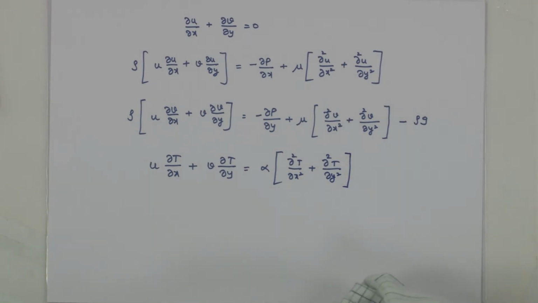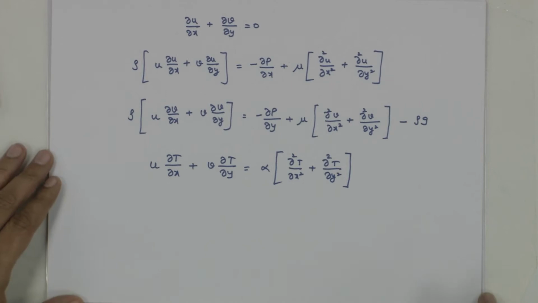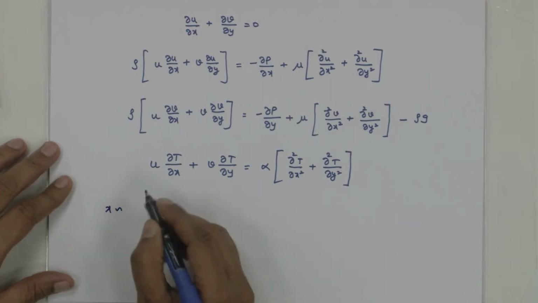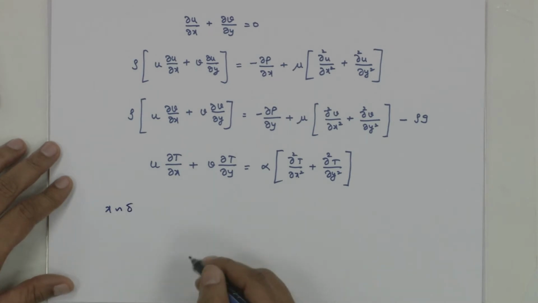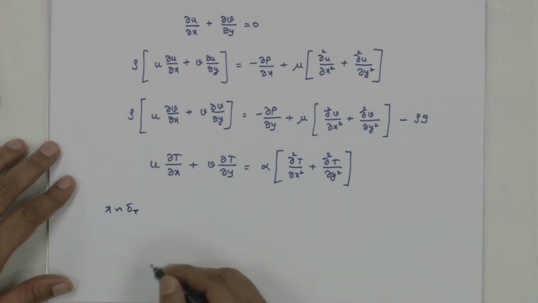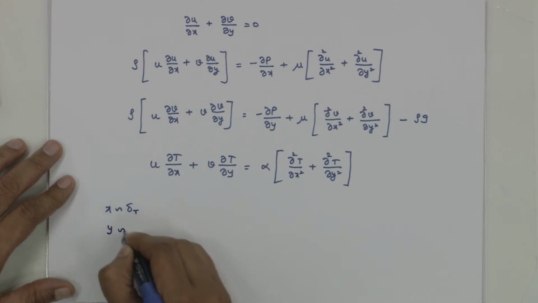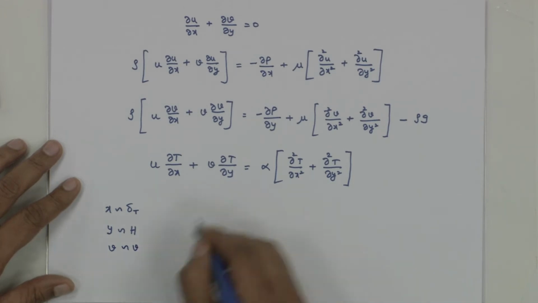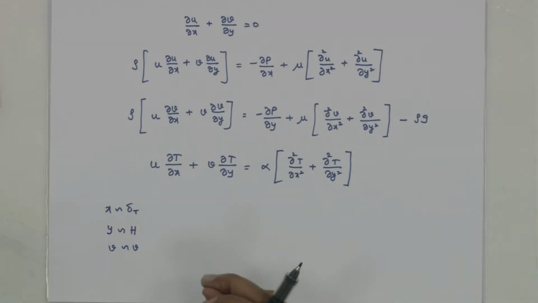Okay. So now let's try to do the scale analysis. x is of the order of delta T, that is the thermal boundary layer thickness, and y is of the order of the height of the plate, h, and v, let's take it as v only, because vertical velocity will be higher than the horizontal velocity, unlike our external flow over a horizontal plate in forced convection.